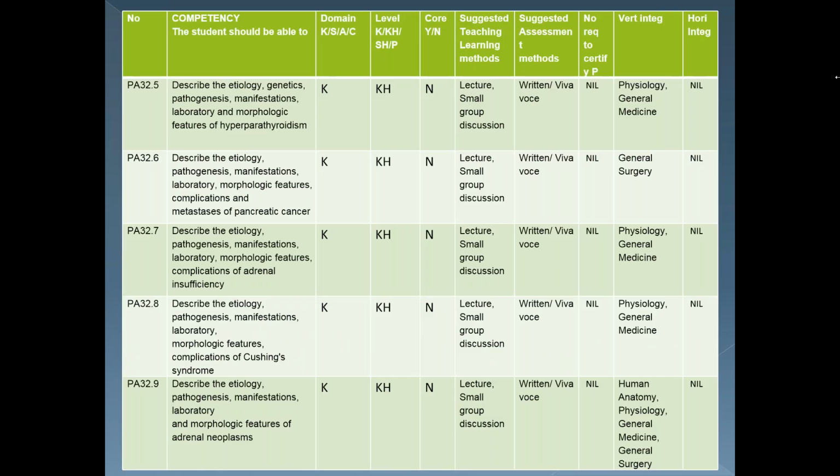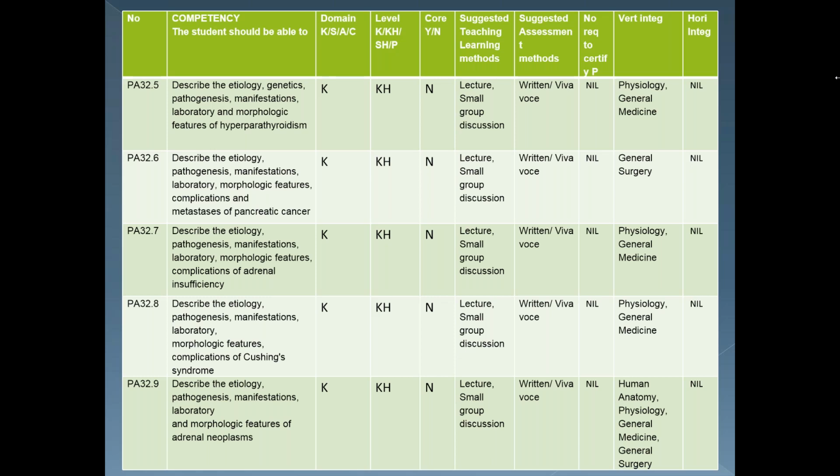Next comes the 5 non-core competencies. Describe the etiology, genetics, pathogenesis, manifestations, lab and morphologic features of hyperparathyroidism. Next, PA 32.6 is describe the etiology, pathogenesis, manifestations, lab and morphologic features, complications and metastasis of pancreatic cancer. PA 32.7 describe the etiology, pathogenesis, manifestations, lab, morphologic features, complications of adrenal insufficiency.